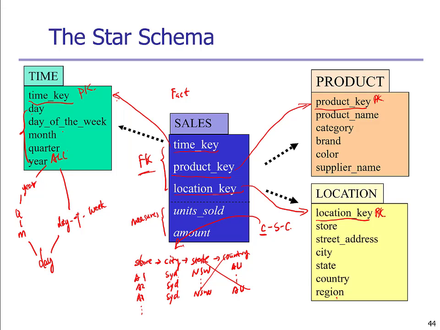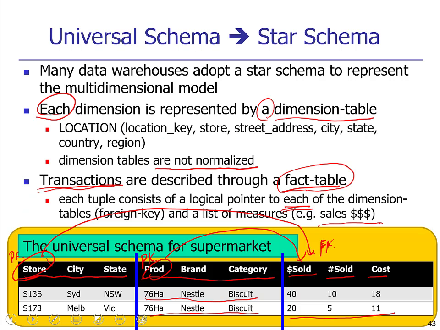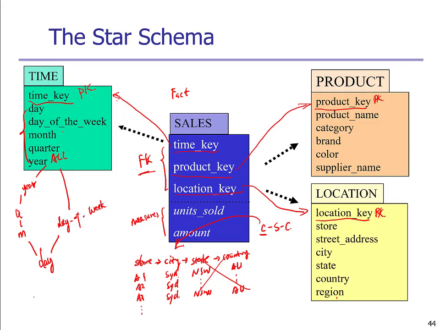So what are the advantages of this kind of star schema? Let's start from the transactions, or the fact table. If we consider the universal schema, the number of columns of the universal schema should in general be the sum of the number of columns in the dimension tables plus the number of measures in the fact table.